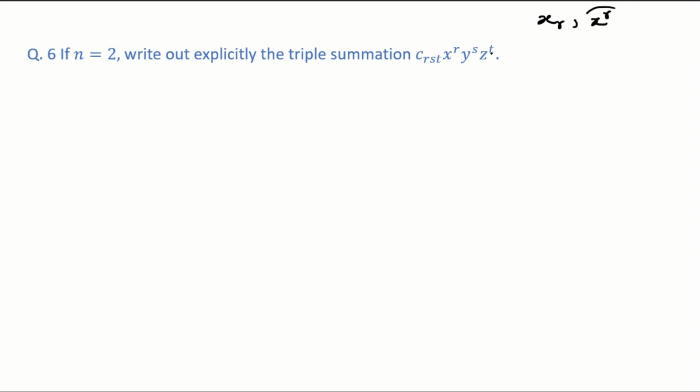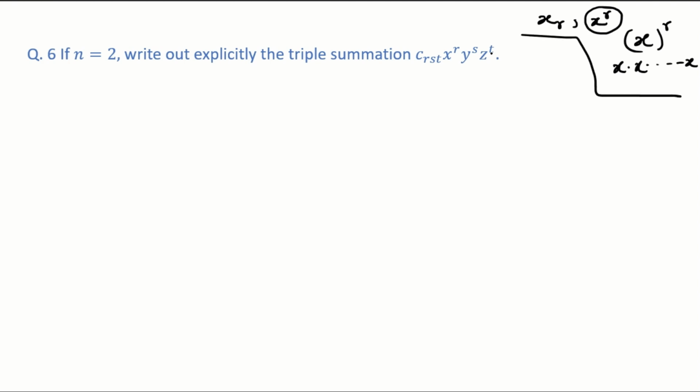When you write components in superscript, don't get confused between exponent and superscript. If you want to use an exponent, then you will use brackets. Otherwise, if you wrote x to the power r, it would simply mean x multiplied r times.